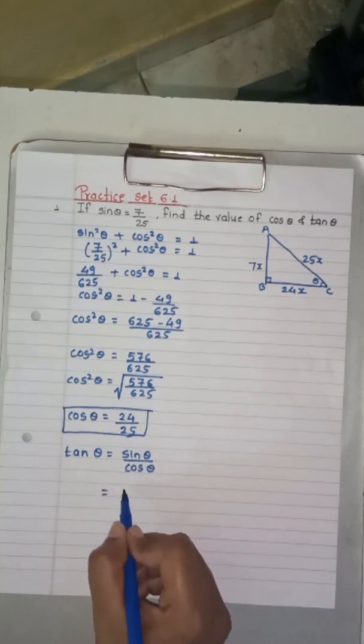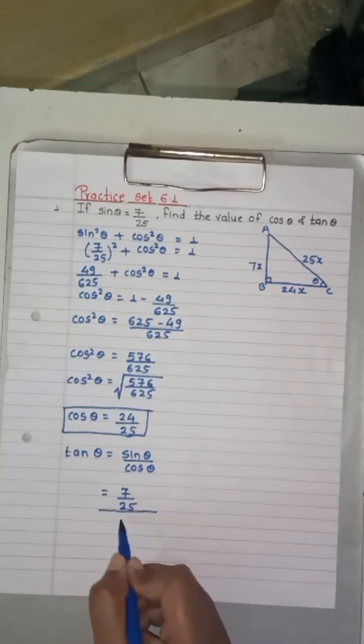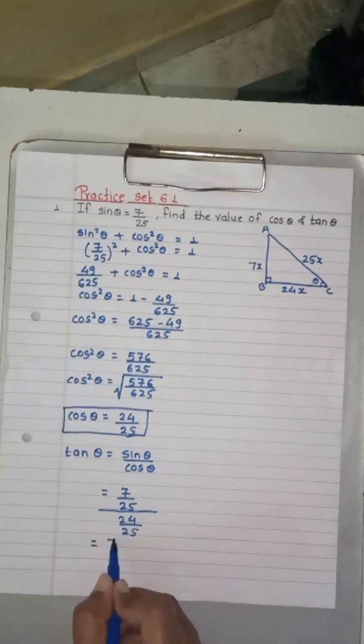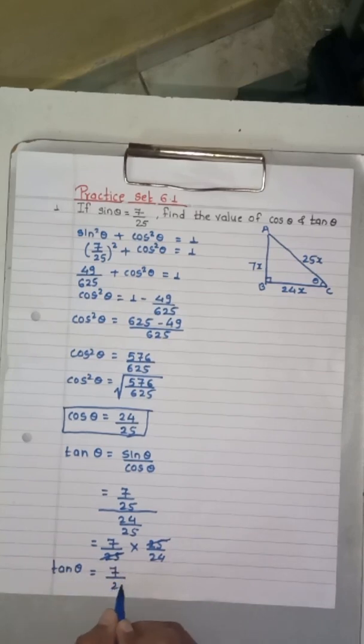Sin theta is 7/25 and cos theta is 24/25. That will be nothing but 7/25 into 25/24. So 25 and 25 will get cancelled and tan theta will be 7/24.